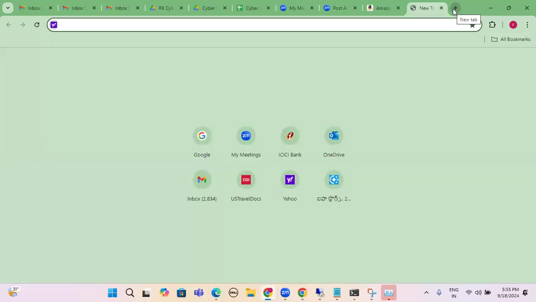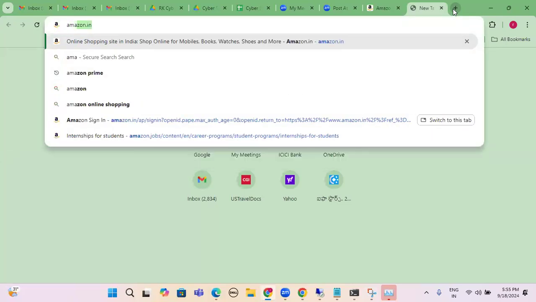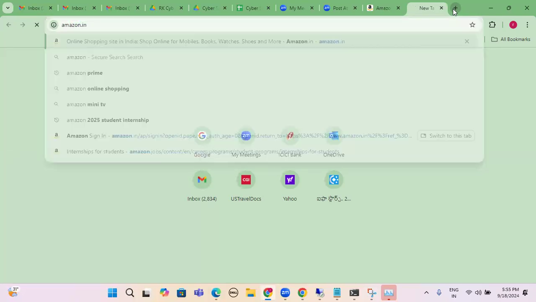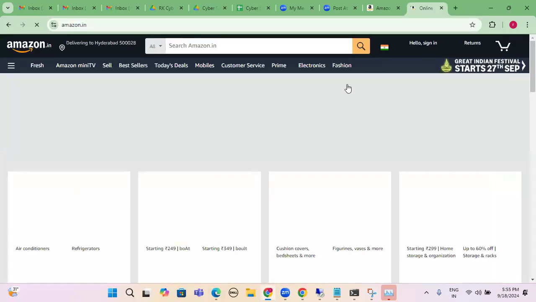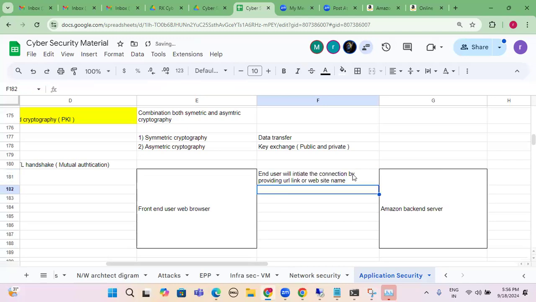I will go to either Google or directly type www.amazon.in. So I'm initiating the connection now. The user will initiate the connection by providing the URL link or website name. That is the first thing.